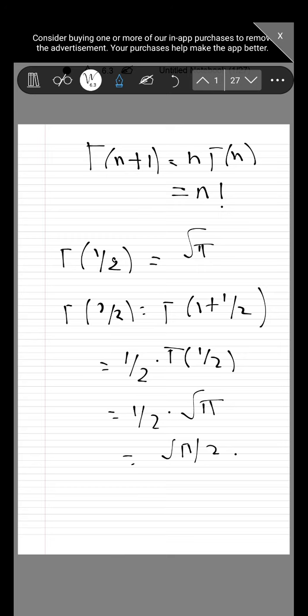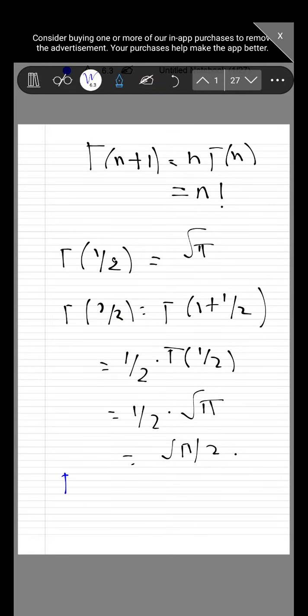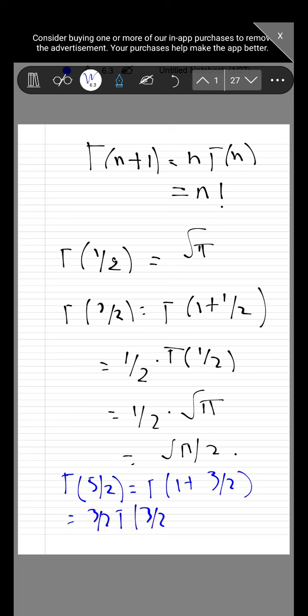Similarly, we can write gamma 5 by 2 as equal to gamma 1 plus 3 by 2, so that is equal to 3 by 2 into gamma 3 by 2, that makes it 3 by 4 root pi.